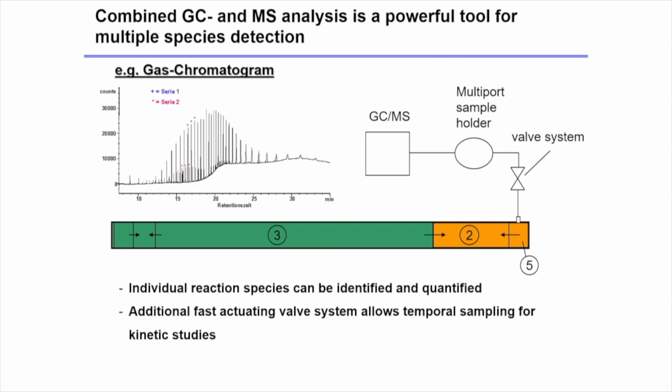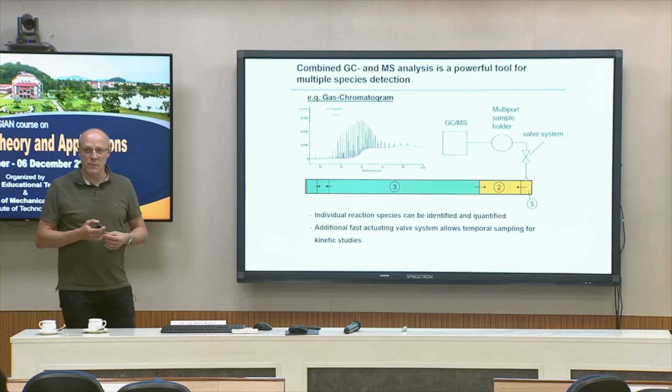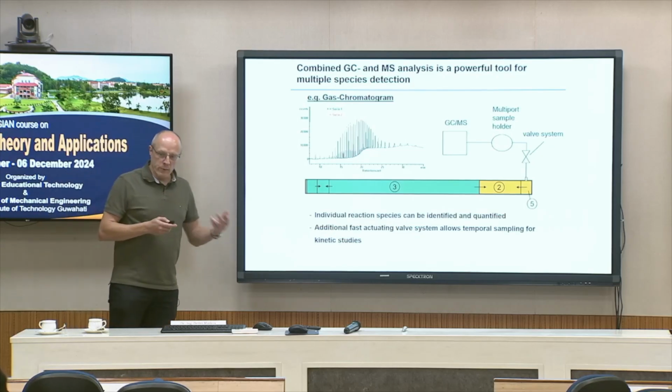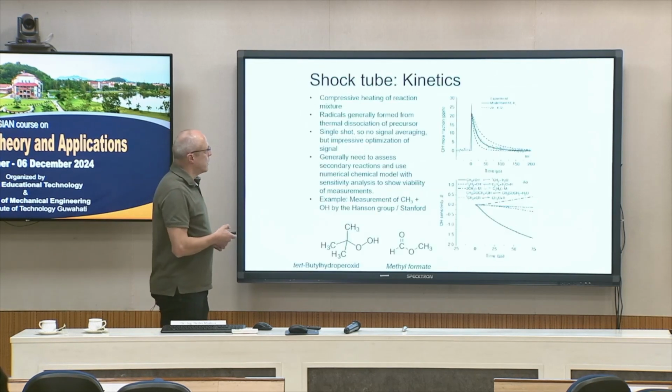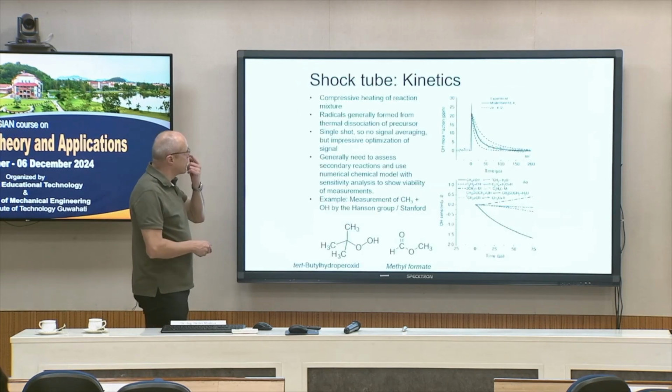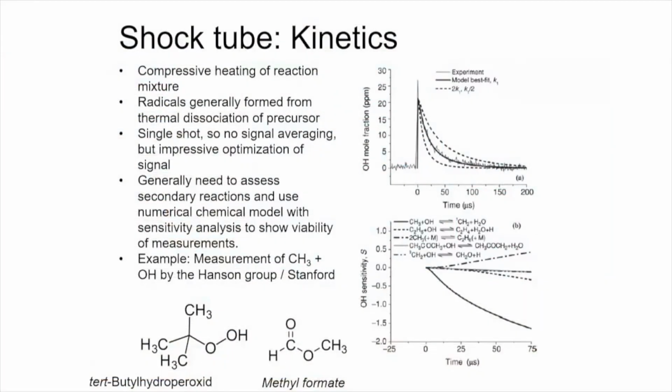Quite simple setup, and if we perform this at specific times after the ignition, of course we can get some additional information and some final simple experiment here. So we can also examine specific elementary reactions.